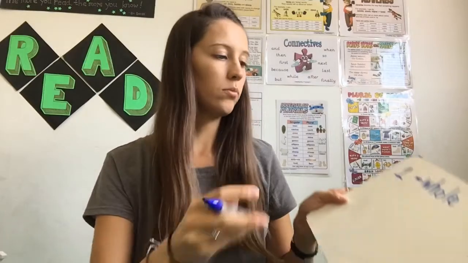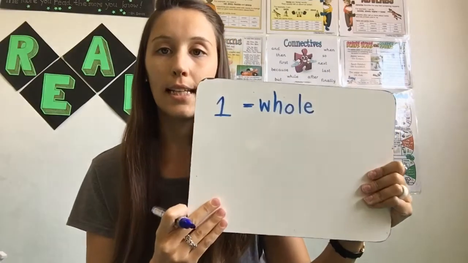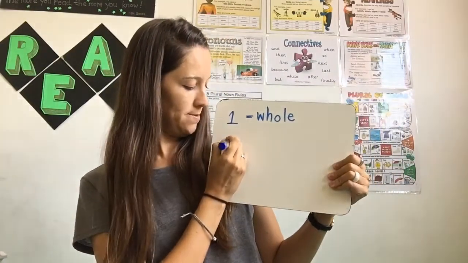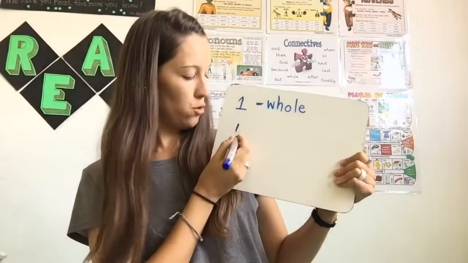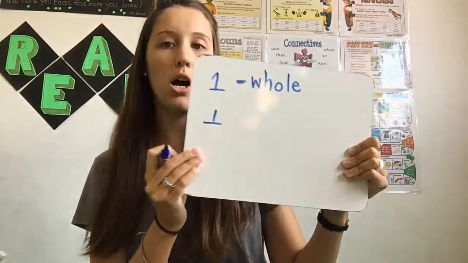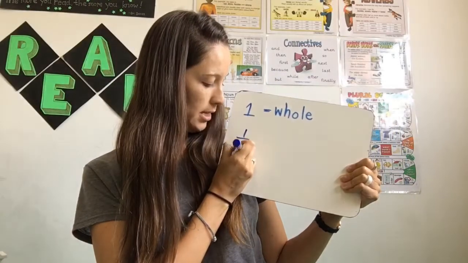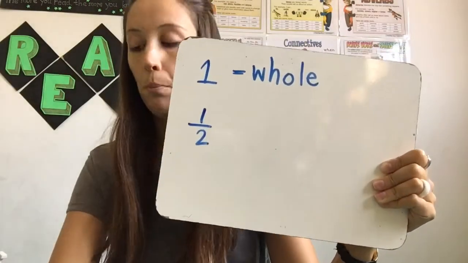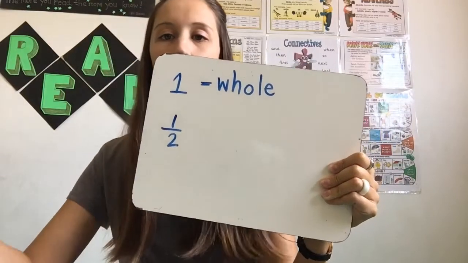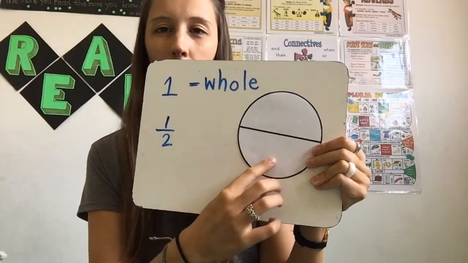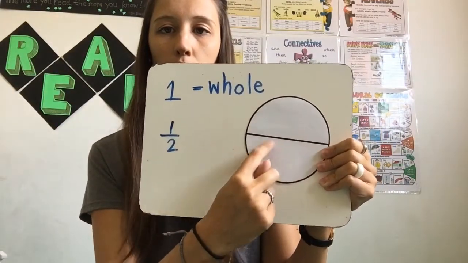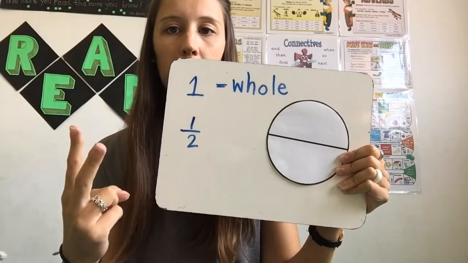Let's look how we will write that. We write it like this. 1, and the 1 will stand on a line, and under I will write 2, because I have taken my bar of chocolate and cut it into 2 pieces.